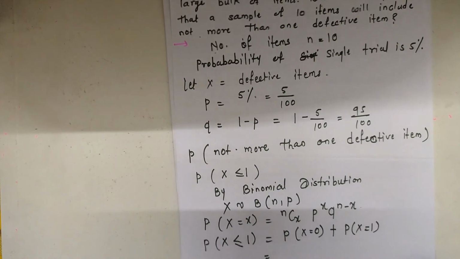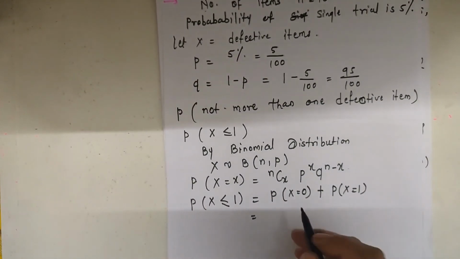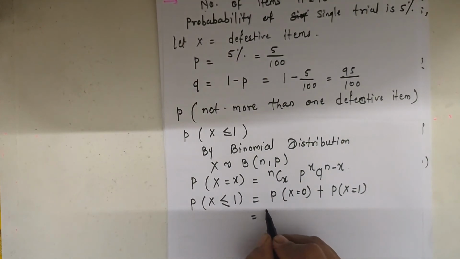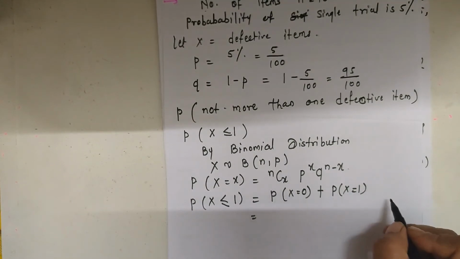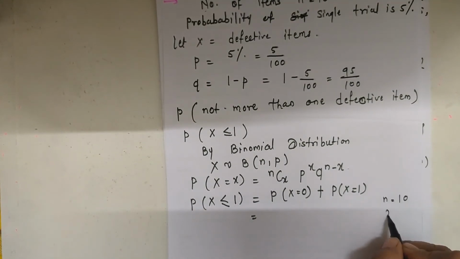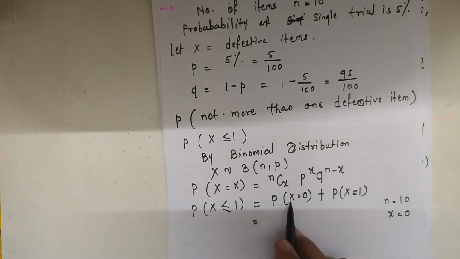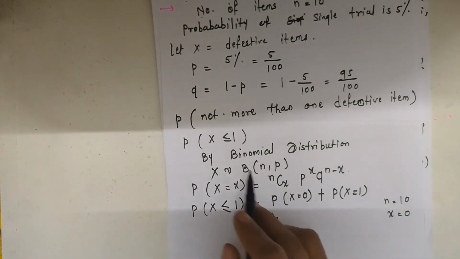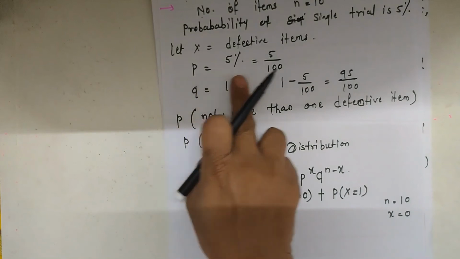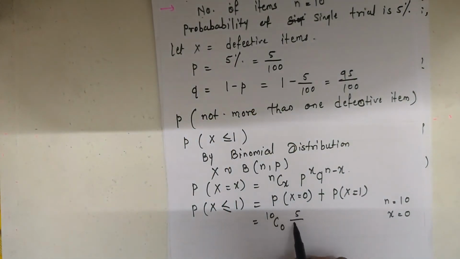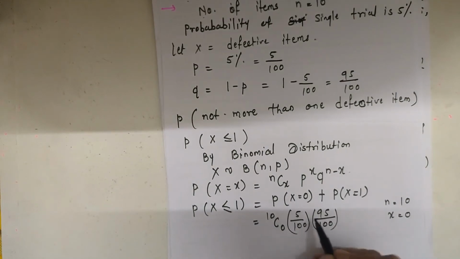And this can be found out using binomial distribution, that is nCx. Here n is equal to 10 and x is equal to 0. So for the first probability, 10C0, p means value of p is 5 by 100 into q means 95 by 100 raised to x.